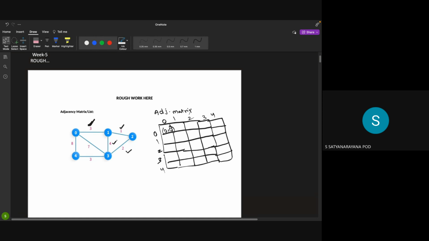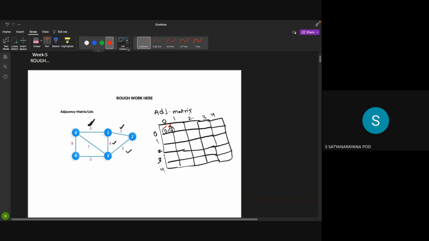For 0 to 0, whether an edge is involved or not is represented as true or false. So the first value represents true or false: if there is an edge, it is represented with 1. In the tuple, the first value is this one, and the second value represents the weight, if any weight is involved. So currently no edge, no weight.